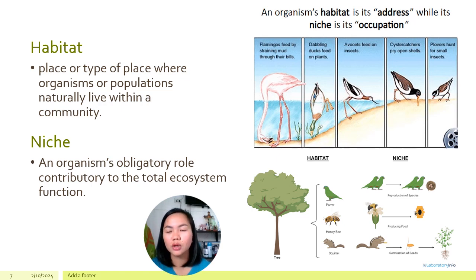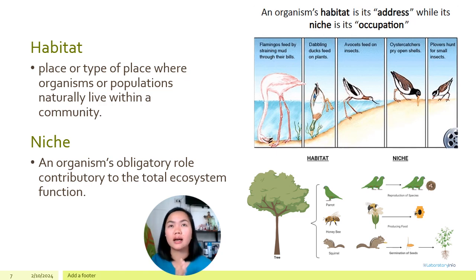Ang parrot, maybe the role of the parrot is to become prey for larger predators, no? That's why they need to reproduce. But dili lang ingana diyang niche. It could also be that they help in pollinating or germinating of seeds or whatever.